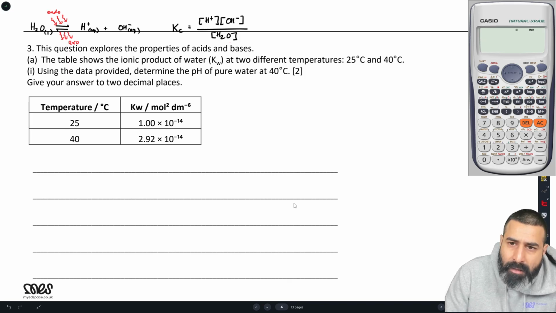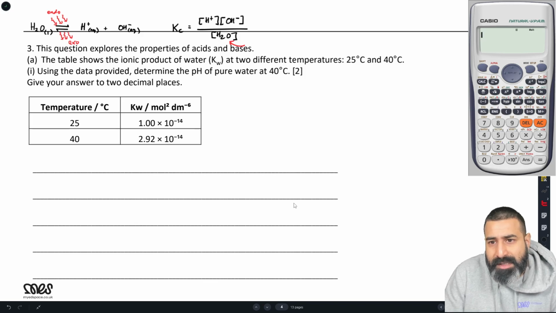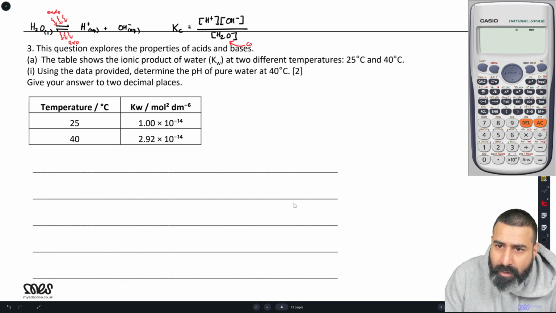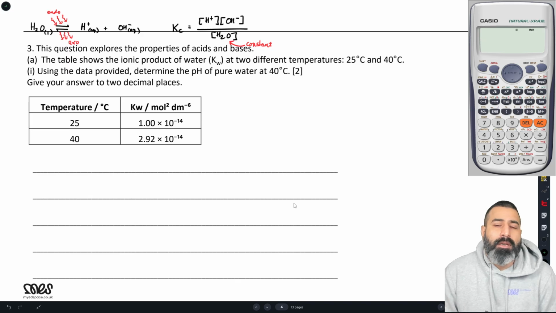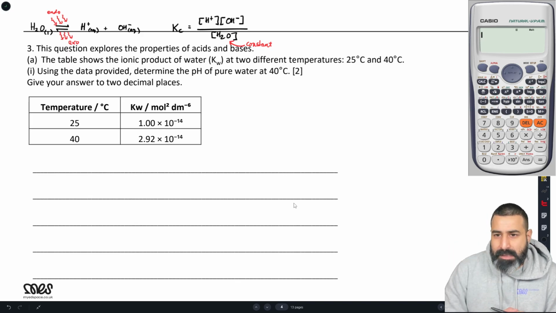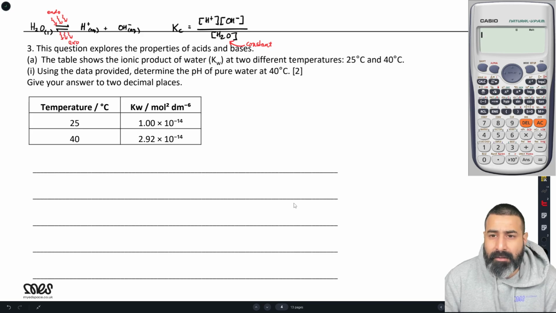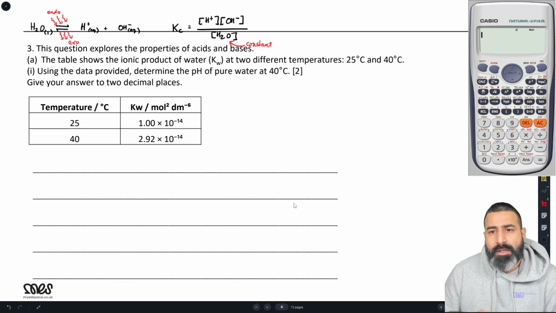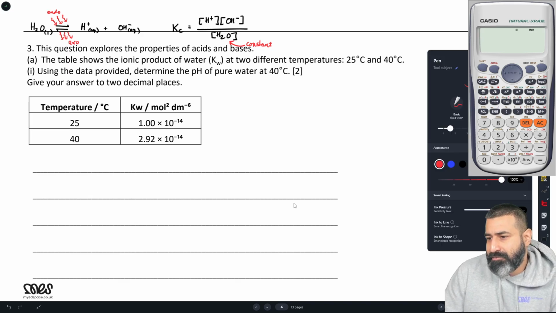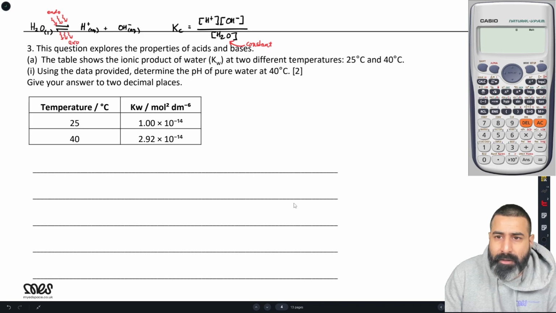Now, what can we assume here? That the dissociation is to such a small extent that the concentration of water remains constant. Okay, so the dissociation is absolutely tiny, so the assumption here is that the concentration of water doesn't change, and it's a fair assumption. So how does this resemble Kw?